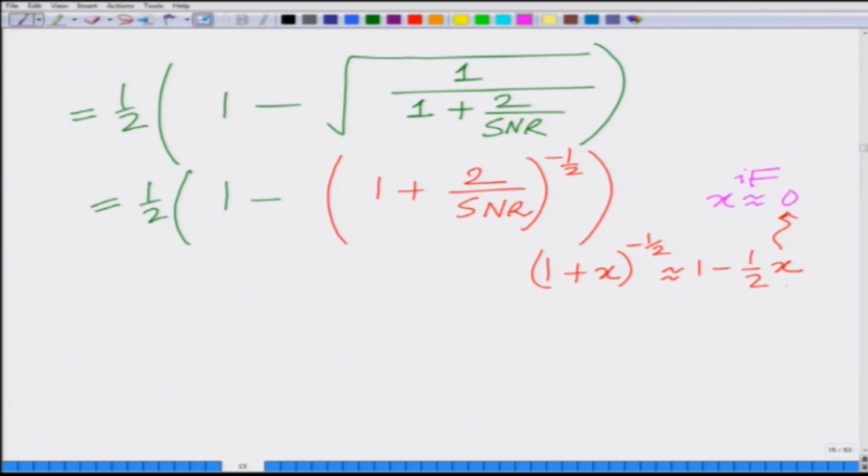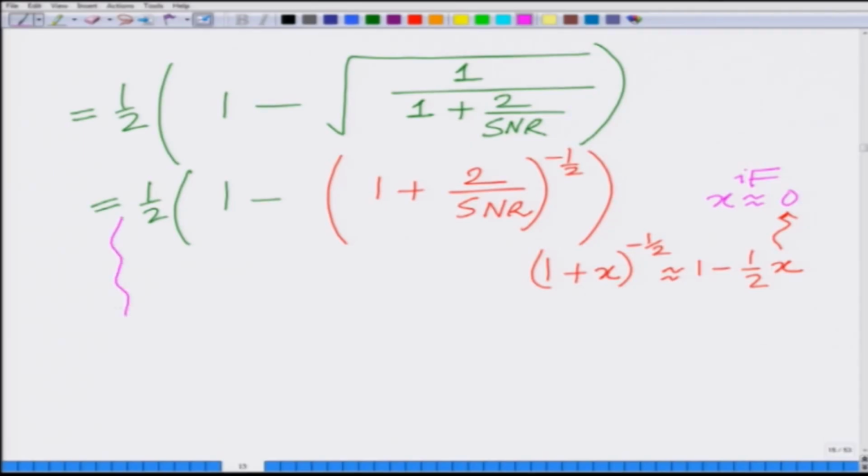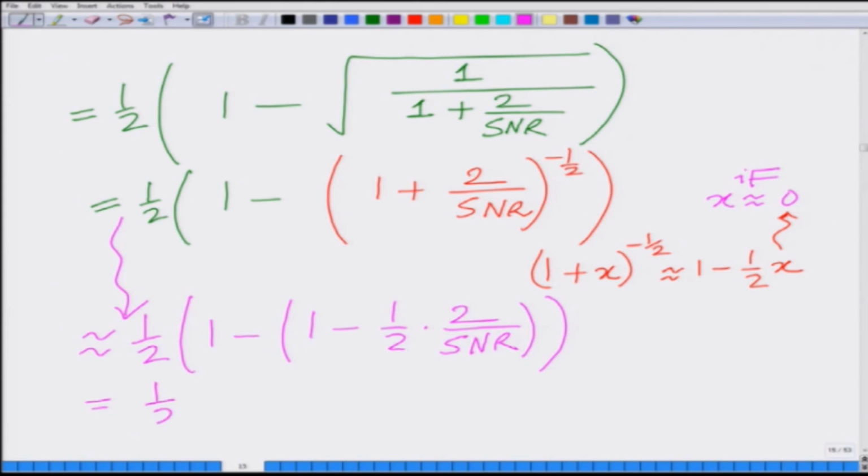So, this expression here is approximately equal to half times 1 minus (1 minus half times twice over SNR), which can be further simplified to half times 1 by SNR, which is equal to 1 over twice SNR.